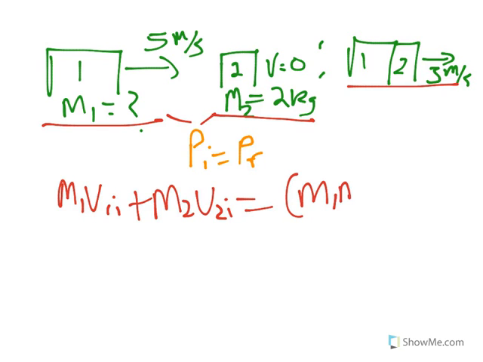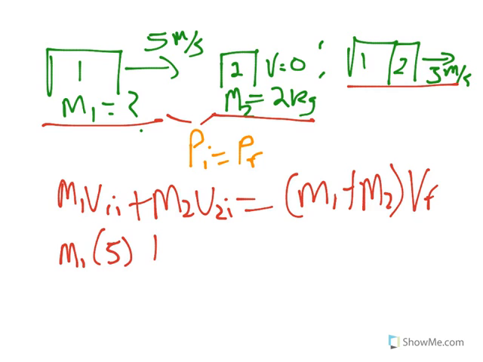m1 plus m2 times the final velocity. Now, we don't know what m1 is, but we know its initial velocity is 5. So we plug it in: m1 times 5 plus m2 times 0 equals, by the way, m2 was 2 kilograms, so m1 is unknown still, plus 2 times the final velocity of 3.